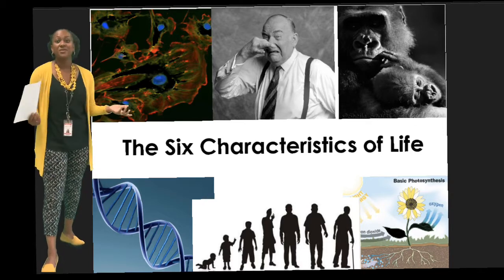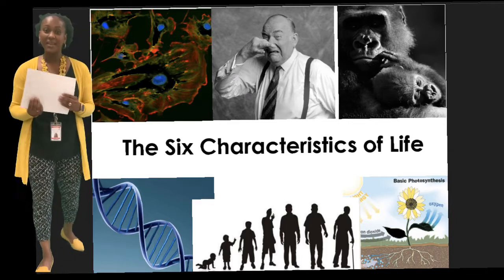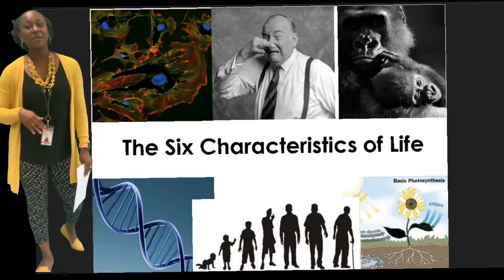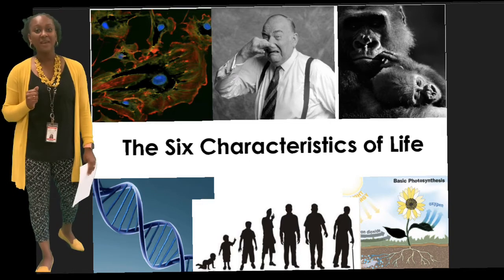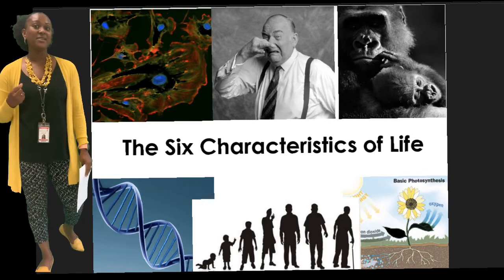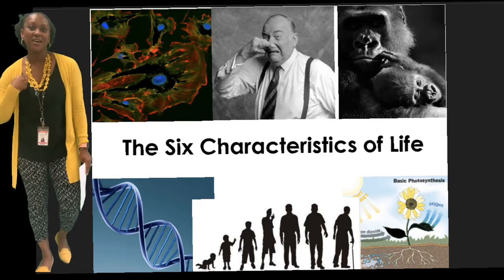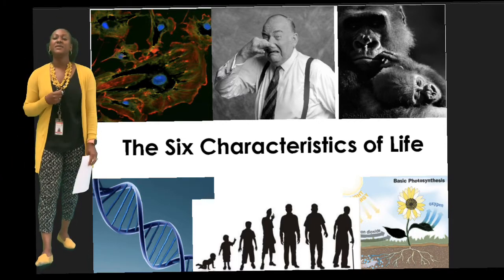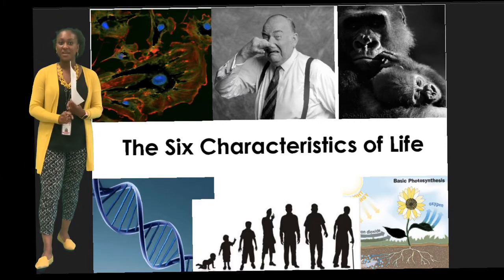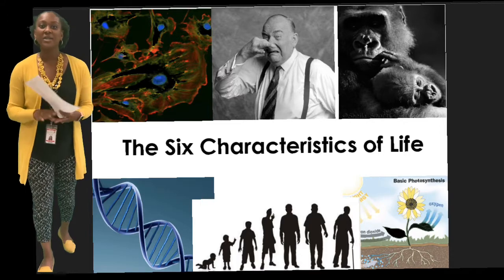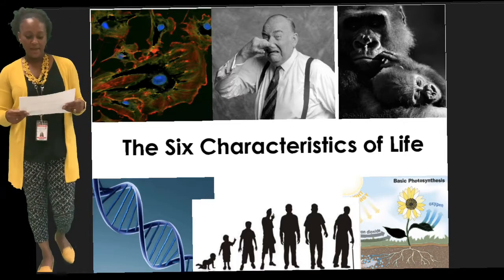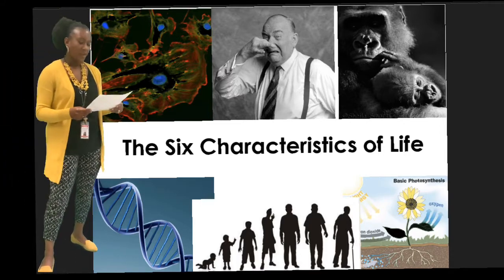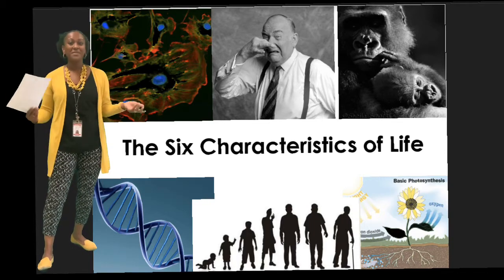That's what makes you you. Then living things, I don't know about y'all, but I get hungry. So living things have to be able to obtain and use energy, okay? That energy is going to help us to function, doing our daily functions, helping us to grow and different things like that.